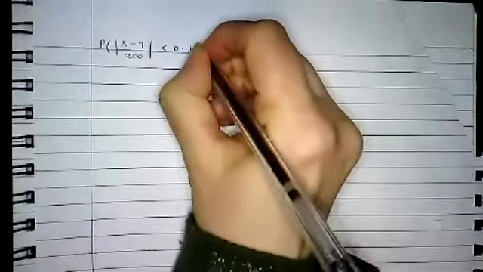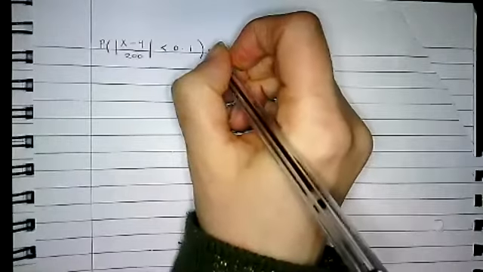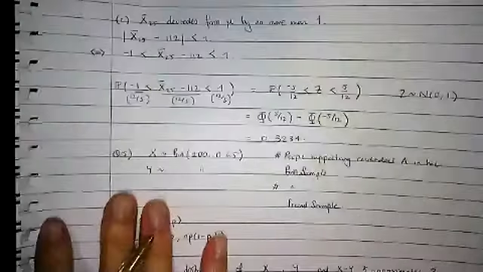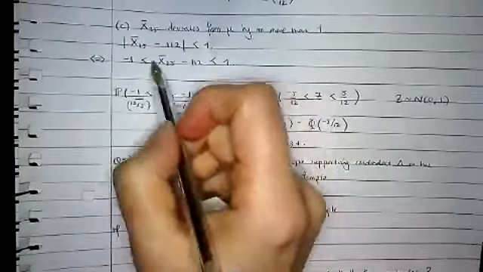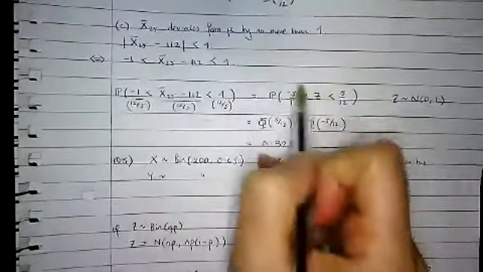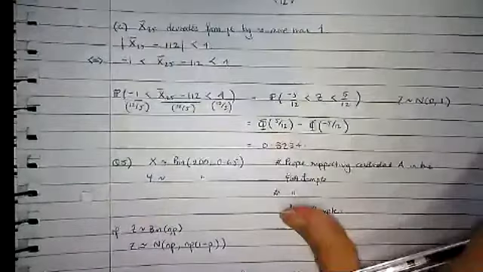And we were asked that this is less than 10%, so less than 0.1. Okay, now hopefully you can see a similarity with what we did for question 3. So with question 3, I had the absolute value of a random variable being less than 1, and I manipulated it in order to write it in terms of a difference of the CDFs of the normal distribution.